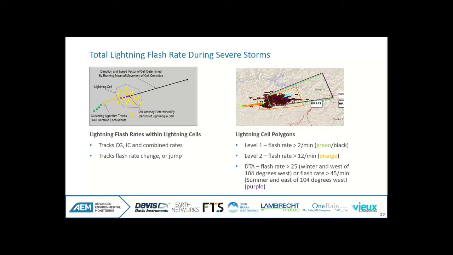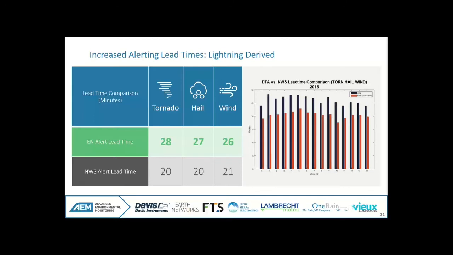That's depicted in the green and orange respectively in that drawing on the right-hand side. So you can see very clearly that you can have multiple lightning cell polygons that you're visualizing and tracking. And it's extremely helpful as you move through convective season to provide alerting and advanced warning when there is bad weather coming.